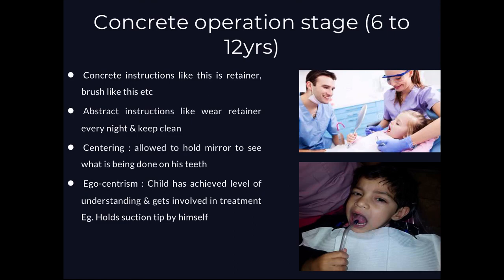Child can be instructed how to brush, like you can show a mirror and then ask the child to brush himself, and the child is teachable at this stage. So centering, that is the child is allowed to hold a mirror to see what is being done on his teeth. Egocentrism, the child has achieved a level of understanding and gets involved in treatment. For example, the child can hold the suction tip by himself for you.